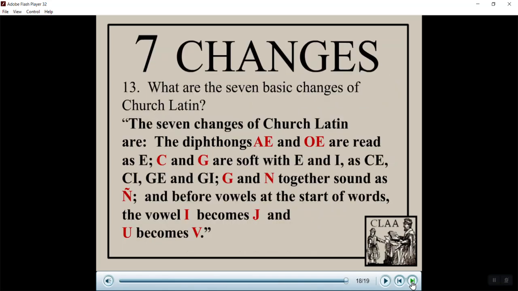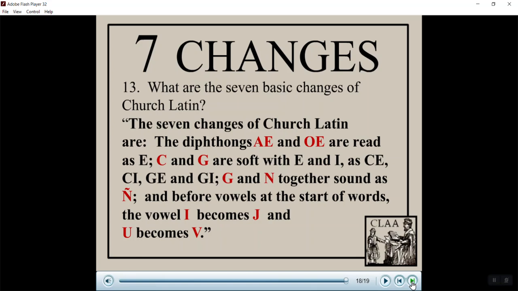And lastly, remember, reading classical Latin is very, very simple. Every letter has only one sound. We've studied that through this entire course so far. But when we come to church Latin, there are 7 basic changes of church Latin. The diphthongs ae and oe are read as e.